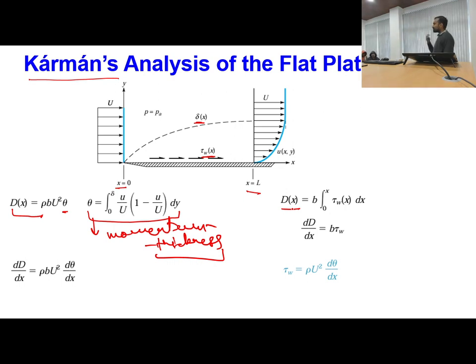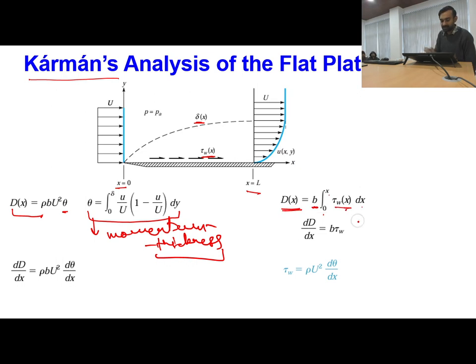So the stress which is parallel to the body is nothing but my wall shear stress. That's why I can also write the formulation of drag force as width b times the integral from 0 to x of tau w(x) dx. Are all clear with this idea?